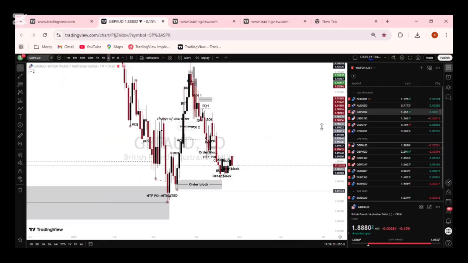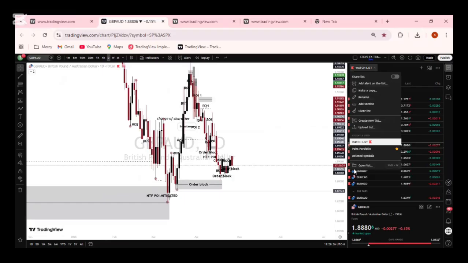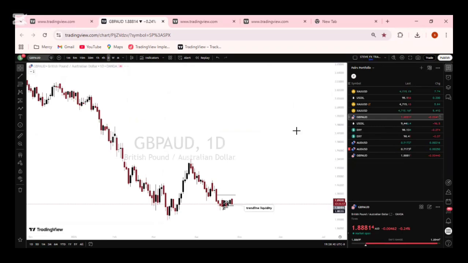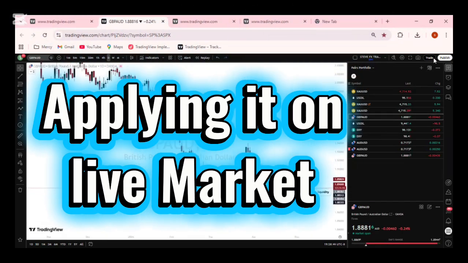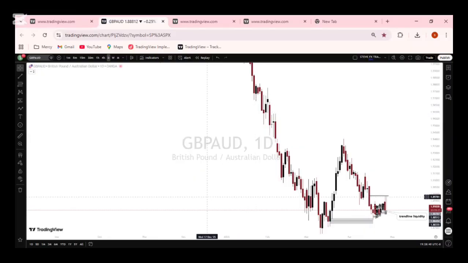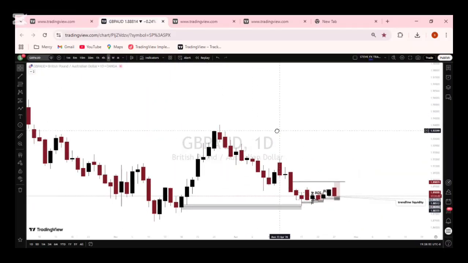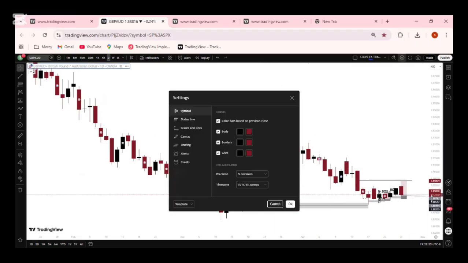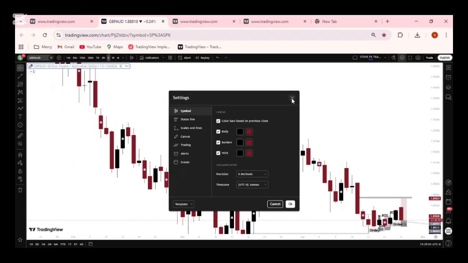So I'm having a chart over here. Let me just use a clear chart. So if we take this market over here, for example, now we are on our daily time frame.